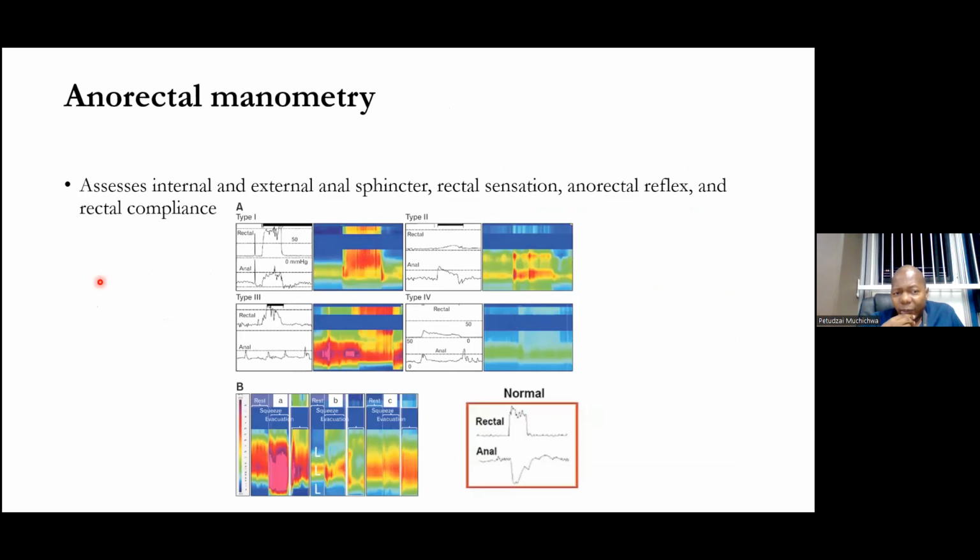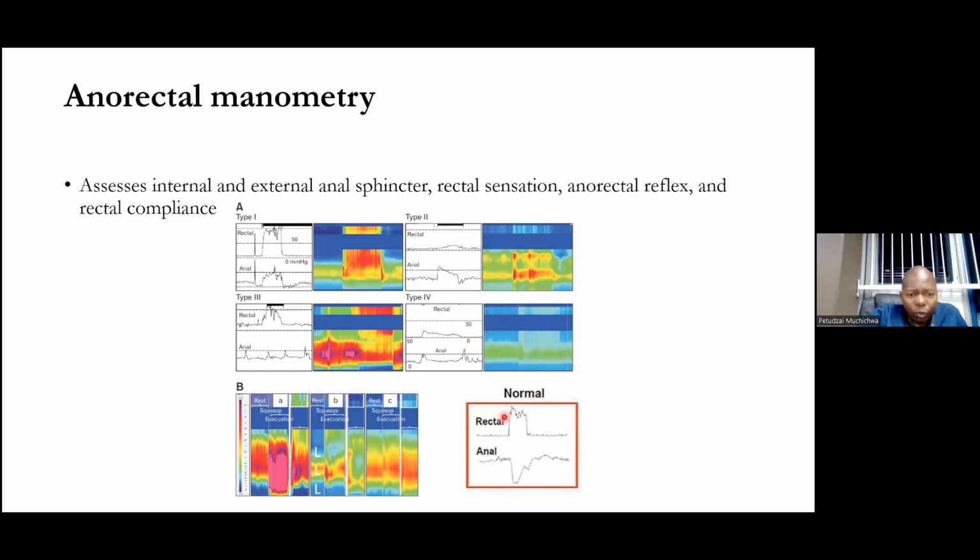When you look at anorectal manometry, what we tend to do there is assess the internal and external anal sphincter. We also assess the rectal sensation and the anorectal reflex, as well as the rectal compliance. From this data, we are able to come up with 4 distinct types of dyssynergic disorders.